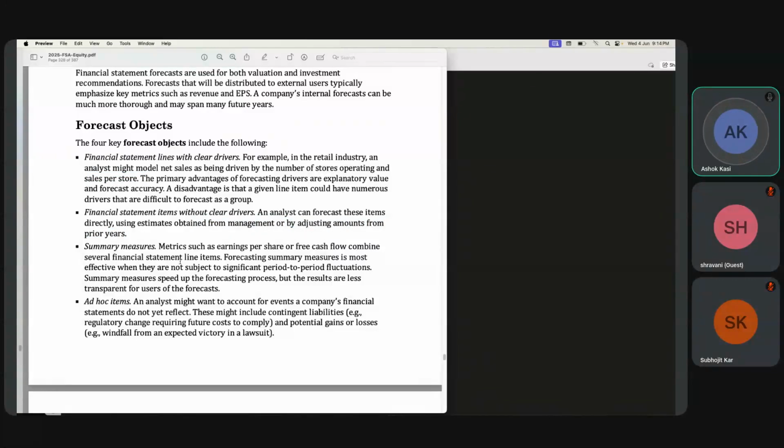Then summary measures. That means metrics such as earnings per share or free cash flow combine several financial statement line items. Forecasting summary measures is most effective when they are not subject to significant period-to-period fluctuations.